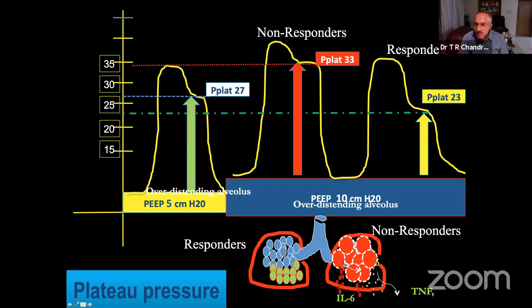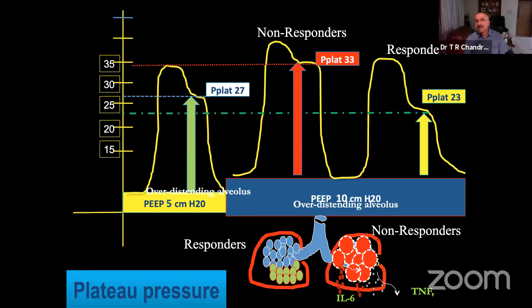So this is important because when you do any change in the peak, if the plateau pressure goes up, what you should understand is happening at the alveolar level is your baby lung is over distending. We don't want this to happen. This is a red sign because it goes into biotrauma and it becomes multi-organ dysfunction. VALI: volutrauma, atelectotrauma, biotrauma, and if you are very good, you may induce a barotrauma also, isn't it?